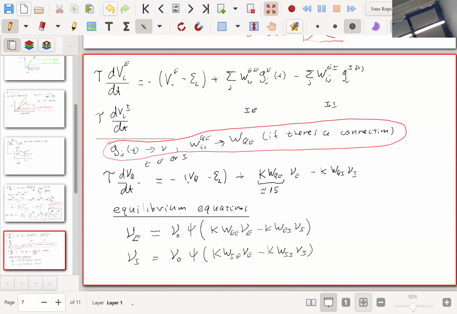It doesn't tell us their stability. First, we'll find the equilibrium and then their stability.